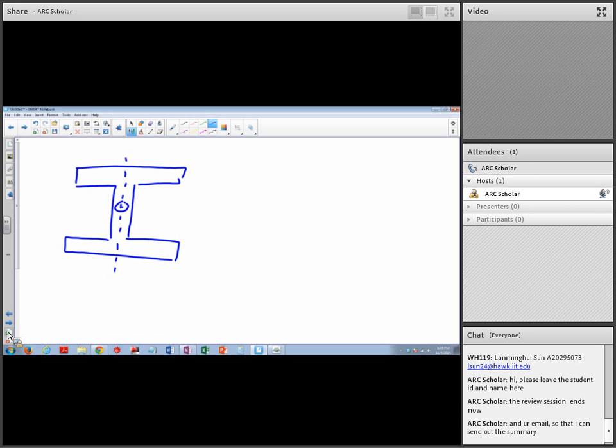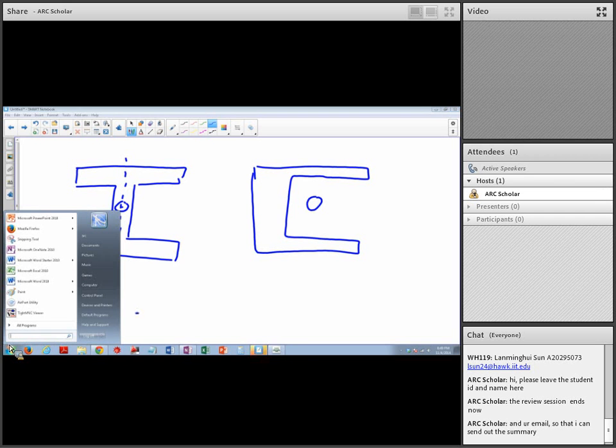But for something that looks maybe like this, which is not symmetrical, you have to look for the height and the x direction. That's how you find the centroid. Okay, with this, that concludes everything for the centroid.